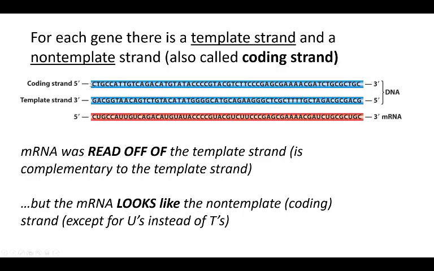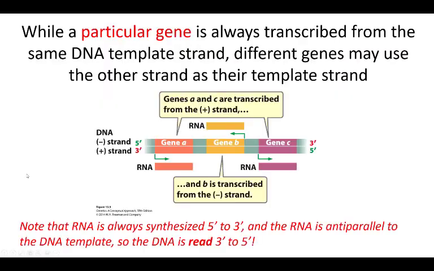And so the other strand that actually looks like what the RNA is going to look like, we give it a special name as well. Sometimes it's called the non-template strand, but more frequently we call it the coding strand. And we call it the coding strand because it tells us what that RNA is going to look like.